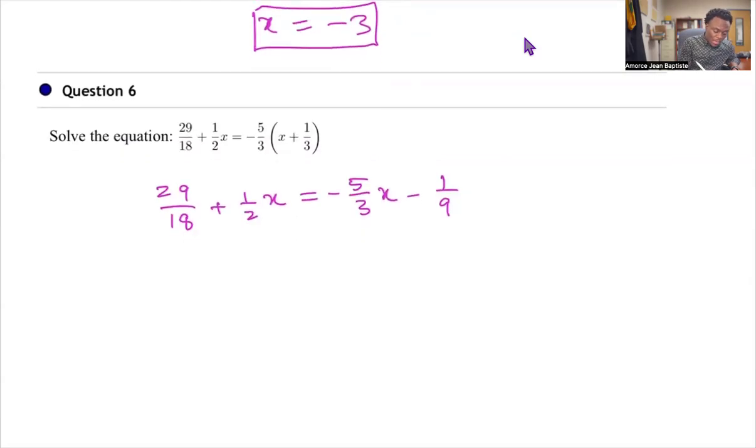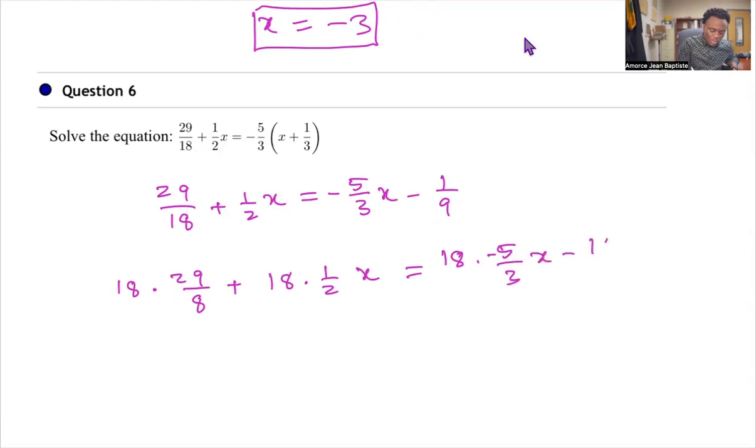So if I multiply by 18, 18 times 29 over 18 plus 18 times 1/2 x equals 18 times negative 5 over 3x minus 18 times 1 over 9.